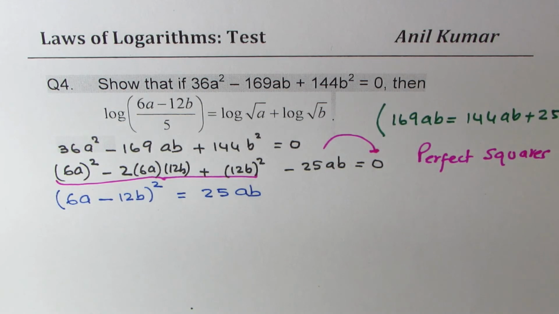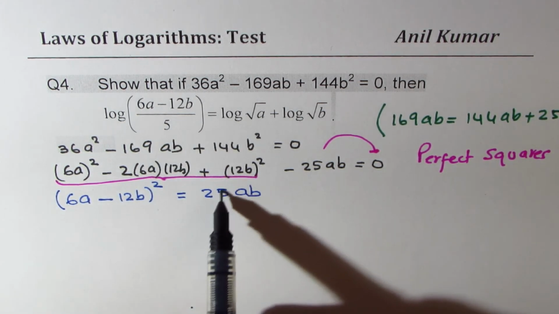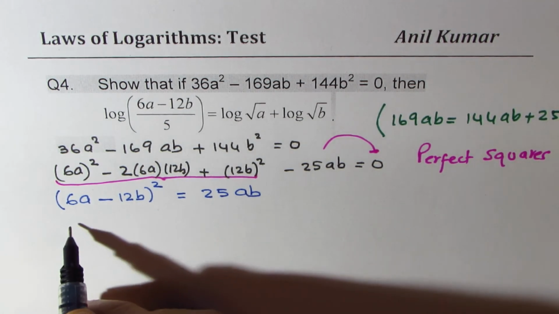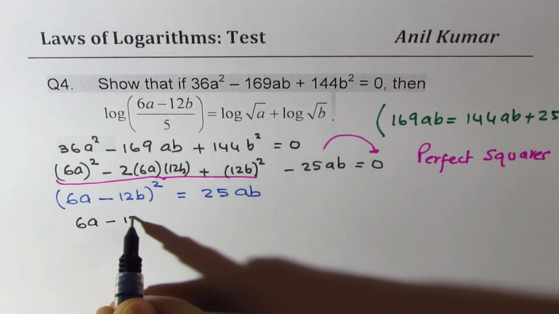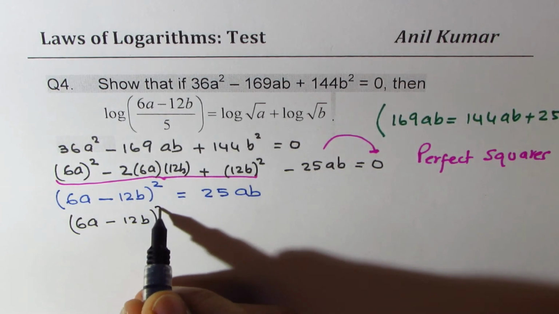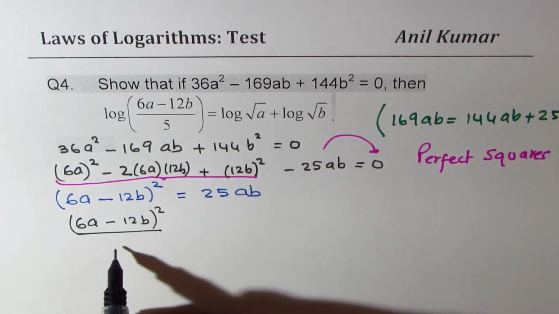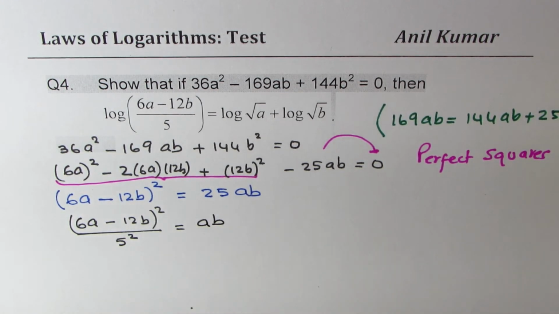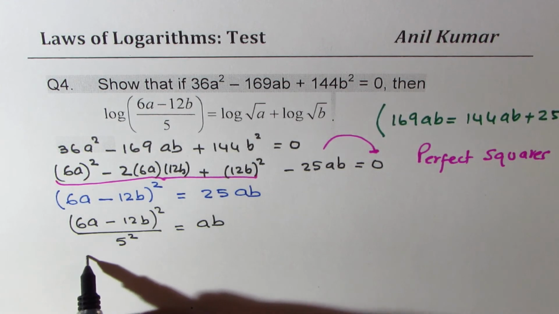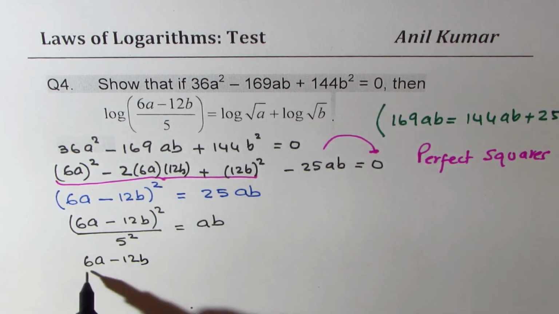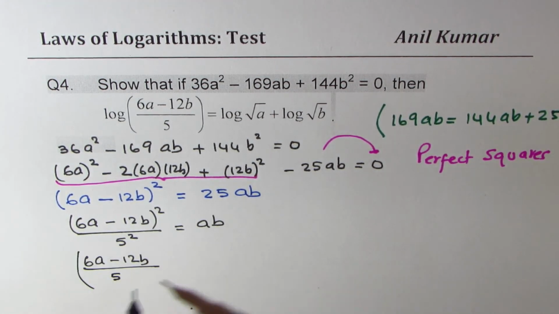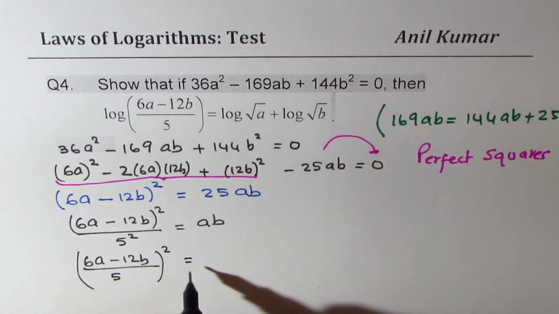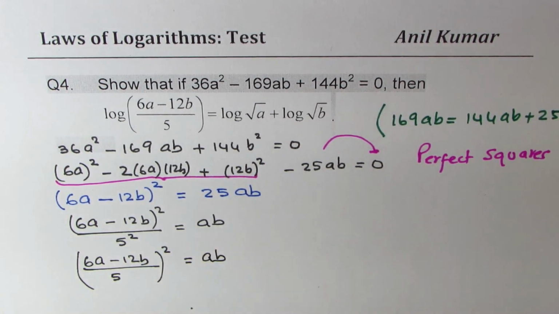Now you can see we have approached our result. 25 is 5 squared, so I'll bring it to the left. So we'll write this as (6a minus 12b) whole square divided by, instead of 25, I'm writing 5 square here, and we have ab. Correct? So that is as good as writing (6a minus 12b over 5) whole square equals ab.